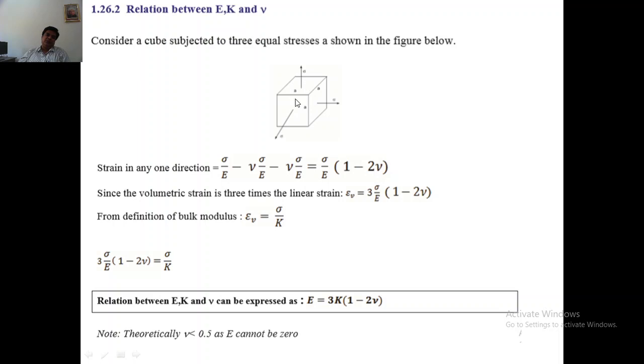So the bulk modulus is the stress in the 3 mutually perpendicular directions divided by the volumetric strain, which gives the bulk modulus K. You can get the relationship between E, K, and nu. It is a small derivation, and when you do that, you get the equation E equal to 3K(1 minus 2 nu).